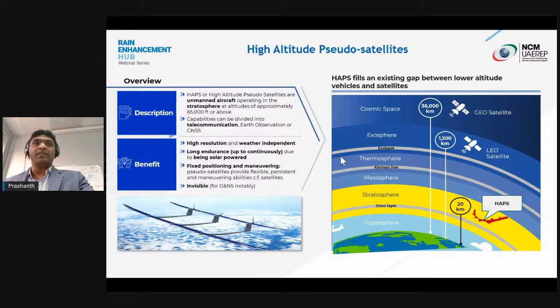HAPS is a platform that stays in the stratosphere at around 20 kilometers, thereby providing opportunities for continuous monitoring and long endurance from very low altitudes, unlike satellites, which are around 400 to 1,000 kilometers in LEO or 36,000 kilometers in GEO. So this is preliminary work that has been invested in developing this solution, which will be flying in a few weeks over UAE and will evolve to host larger payloads in the coming years.